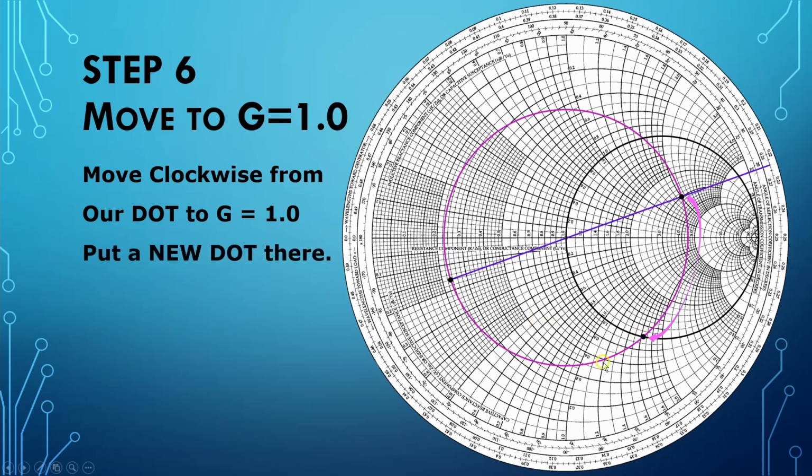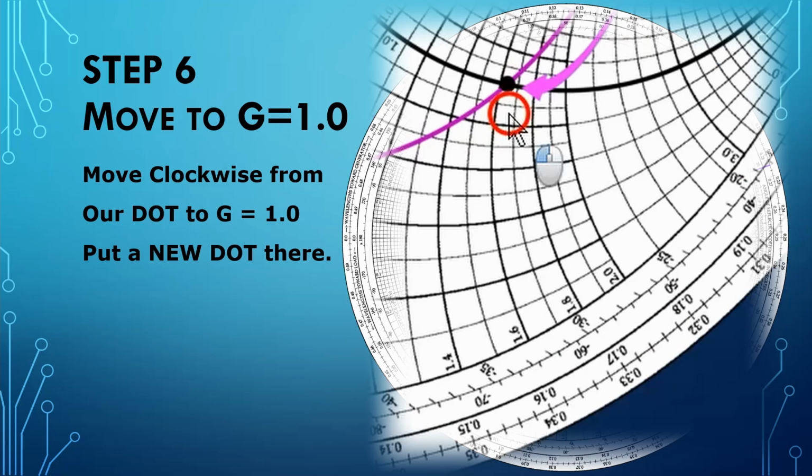We place a dot in that location. And now we can read the new admittance at this part. It's really easy, the real part, because the real part is going to be equal to 1.0. The reactive part is what takes a little bit of guesswork. We have to kind of use our calibrated eyeball here.